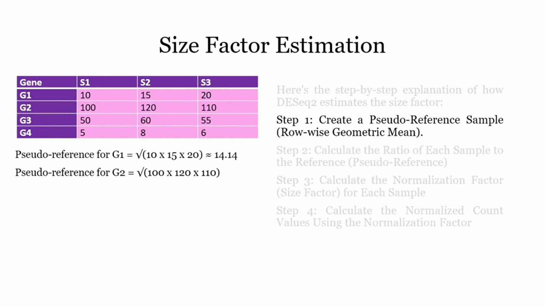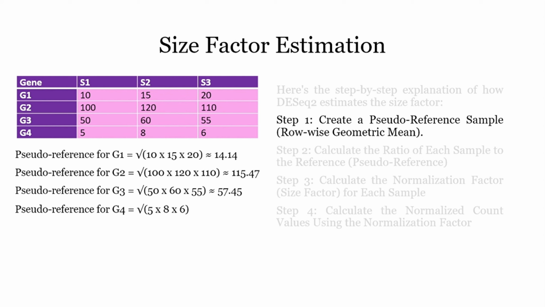And the pseudo-reference for gene 2 is calculated the same way: the cube root of 100 times 120 times 110, equal to 115.47. The pseudo-reference for gene 3 is the cube root of 50 times 60 times 55, which is equal to 57.45. And the pseudo-reference for gene 4 is the cube root of 5 times 8 times 6, which gives 6.55.